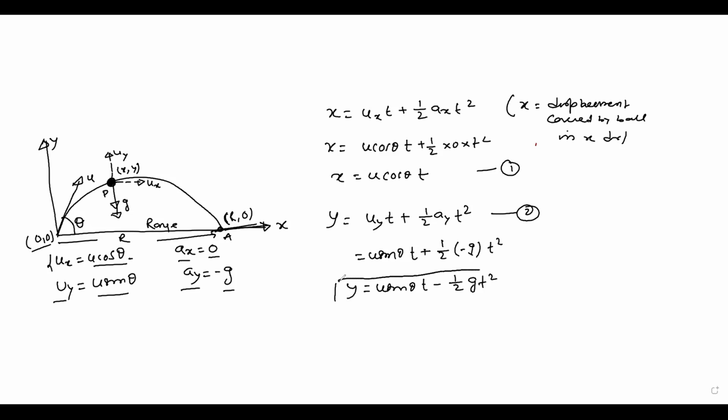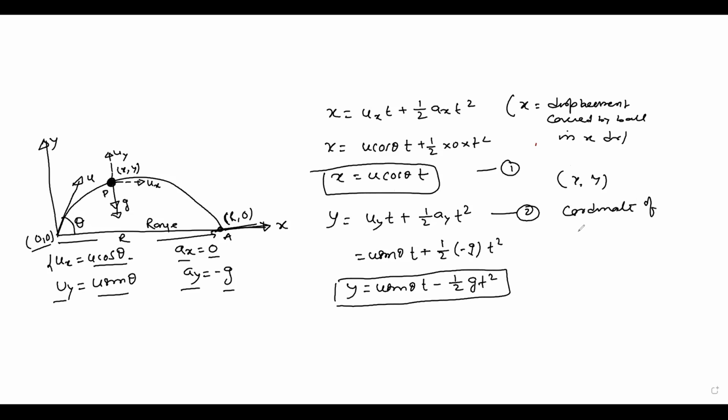So we got the value of x and y. This x and this y is the xy coordinate of point P. Suppose this is the time of event t equal to 0, and here the ball has reached at t equal to t.